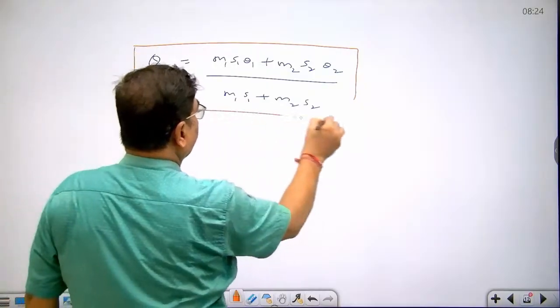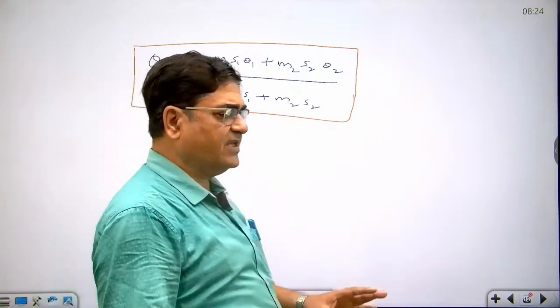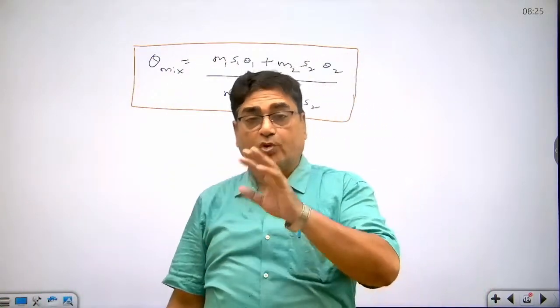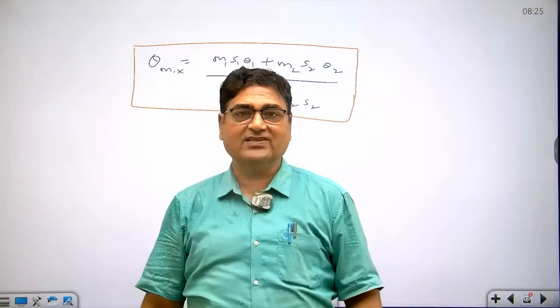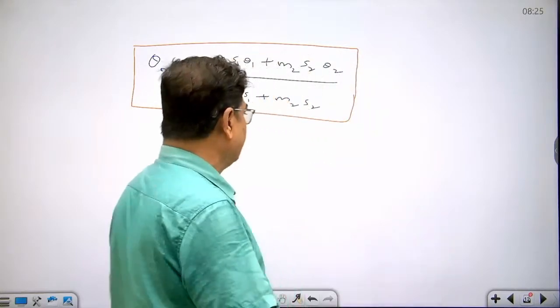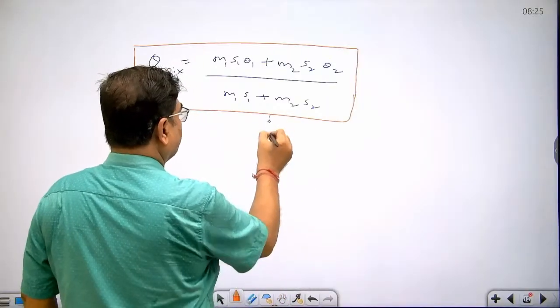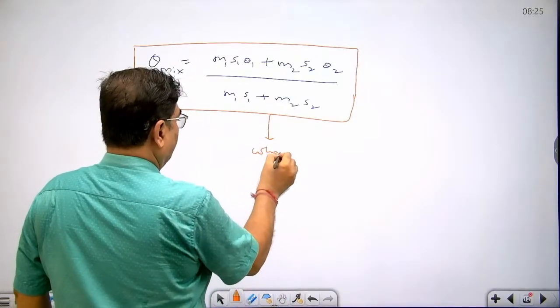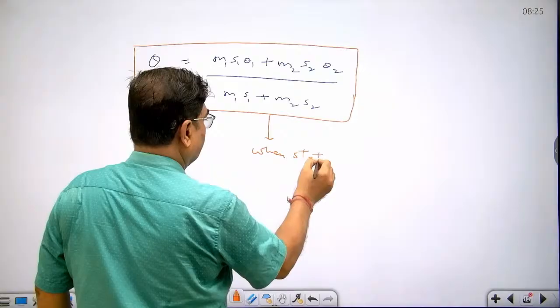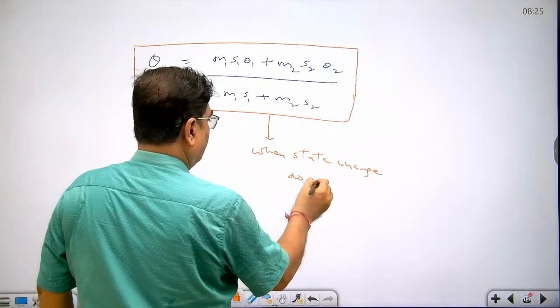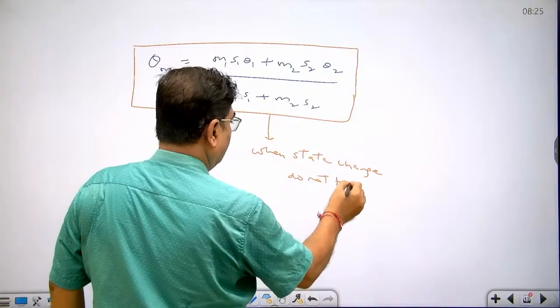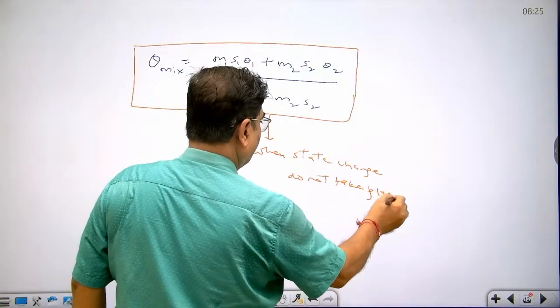And a very important thing about this equation is that it is valid even when you mix a solid in the liquid, but the condition is that state change should not take place. State change should not take place, okay? This equation is valid when state change does not take place, okay?